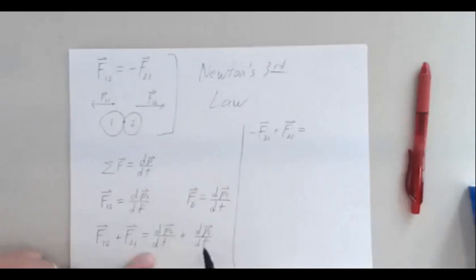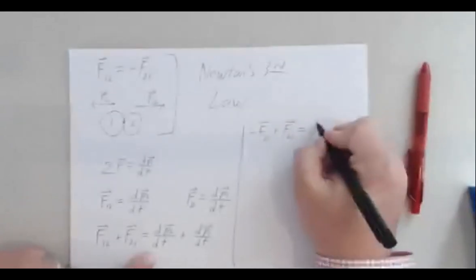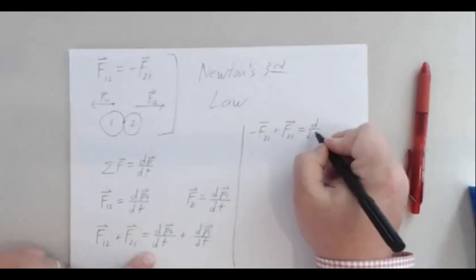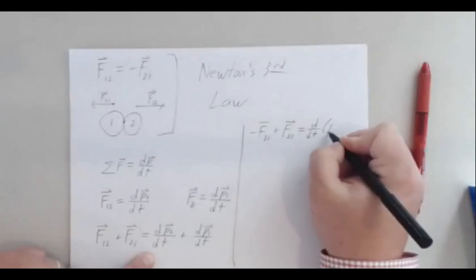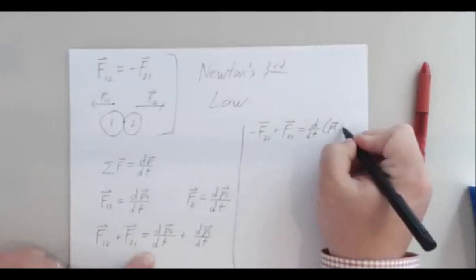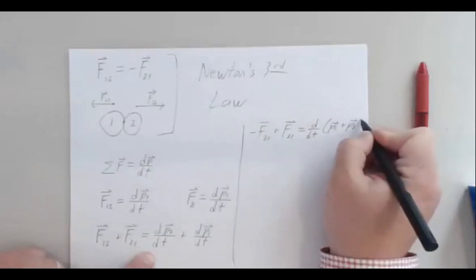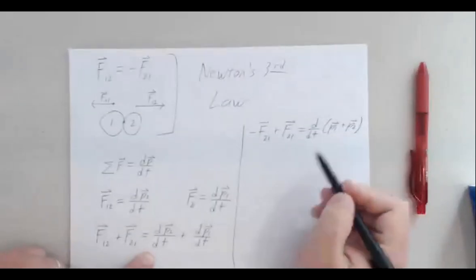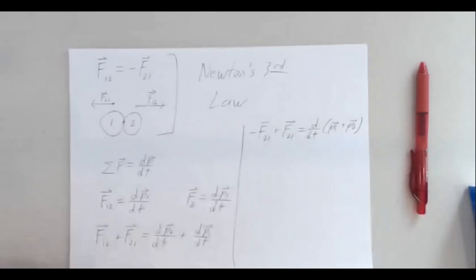I've got two time derivatives. If you remember, if I take the time derivative of the sum of two functions, that's the same thing as the time derivative of each function added together. So I can rewrite this as the time derivative of the momentum of object 1 plus the momentum of object 2, right? I can just essentially factor out the derivative.